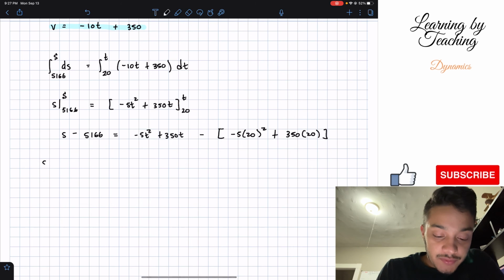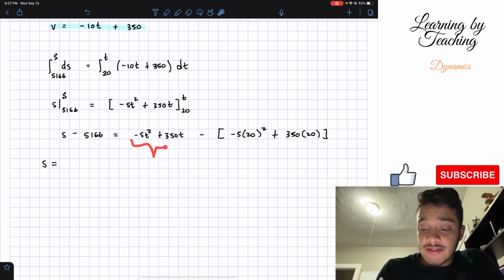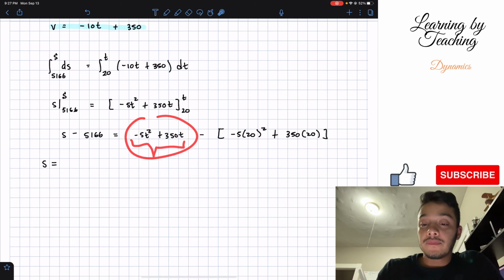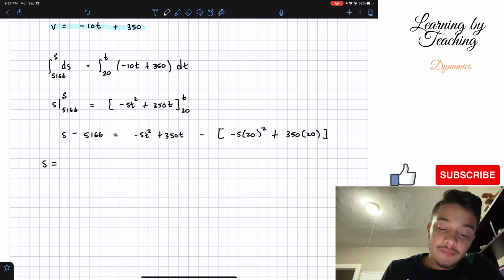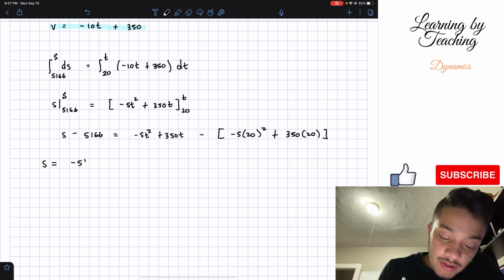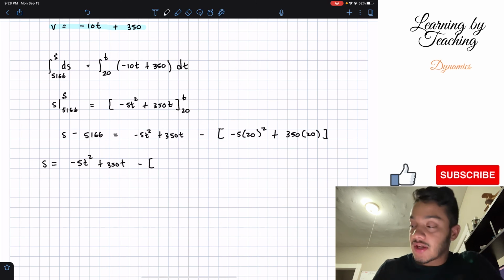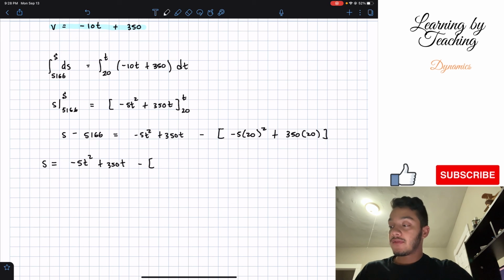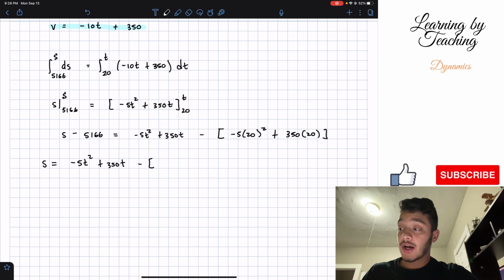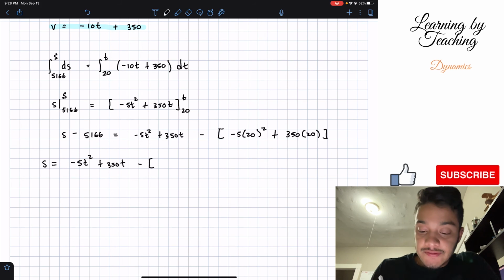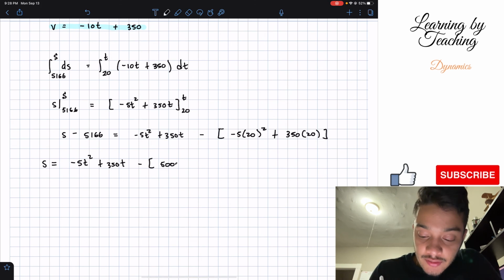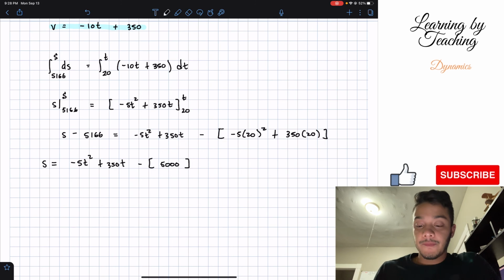If we solve for our position, we will have, so let's start. These terms that have t on them, we cannot combine them with anything again. So we got negative 5t squared plus 350t minus, and then let's see how much everything in the parentheses is. I put it in the calculator, and this gives me a total of 5,000 even, okay?